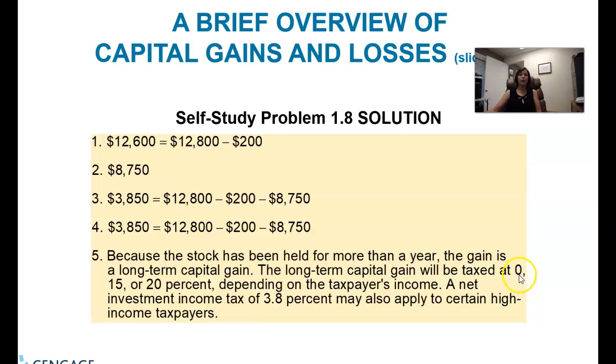Potentially, if she's low enough income, she might pay 0 on that $3,850. So not bad. And this is why often people want to make sure that they hold that investment for longer than 12 months so that they can get the benefit of that more favorable capital gains rate.